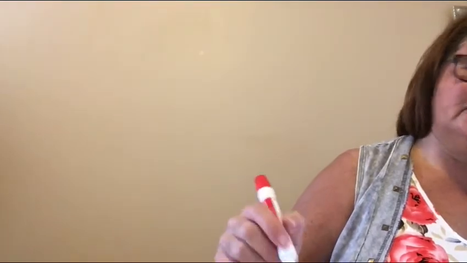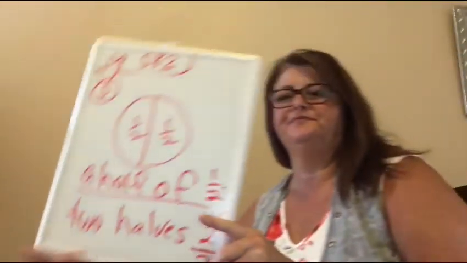Got it? 2 equal parts is 1/2. This part is 1/2, this part is 1/2 of the whole piece. Each whole is 2 halves. 2/2.